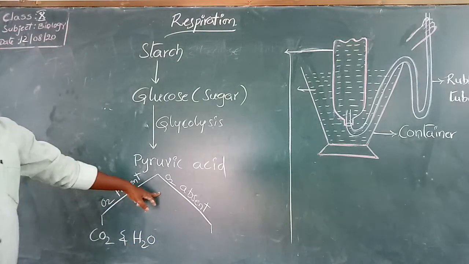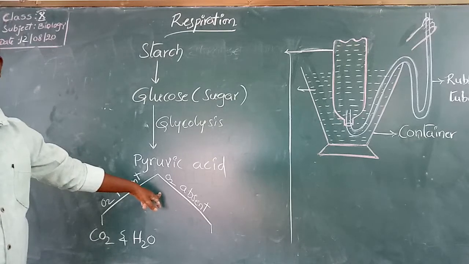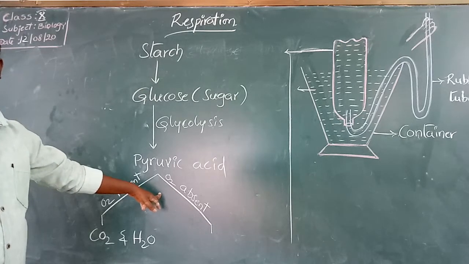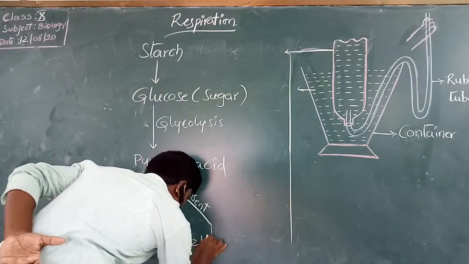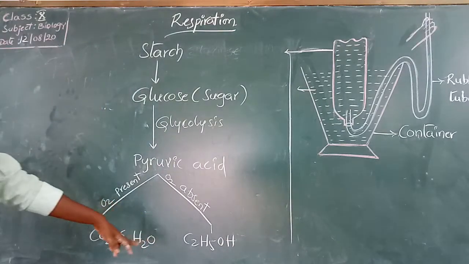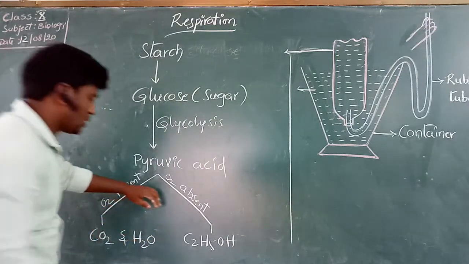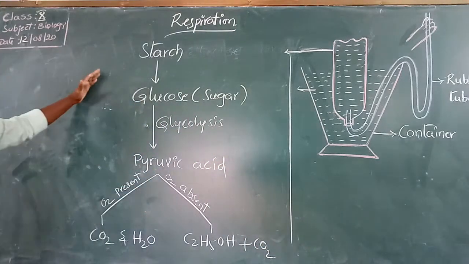If oxygen is absent, the pyruvic acid is converted into ethyl alcohol, C2H5OH, plus CO2, and lactic acid.